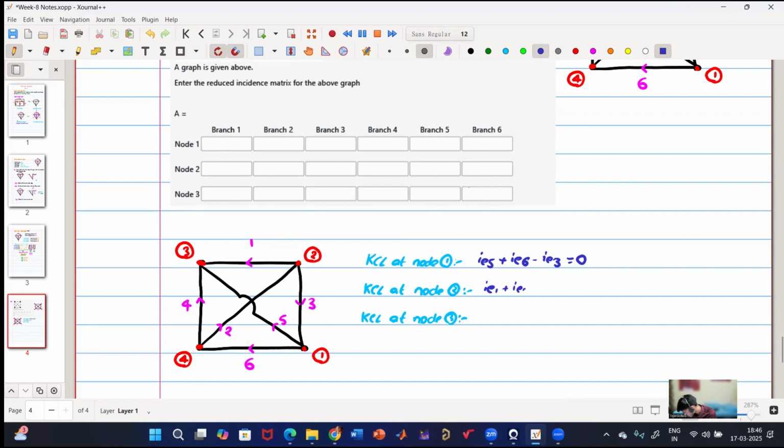And node 3: minus I1 minus I4 minus I5 is equal to 0. Okay, very good. So everyone agrees? Yes, sir. So now we have to write in terms of matrix.